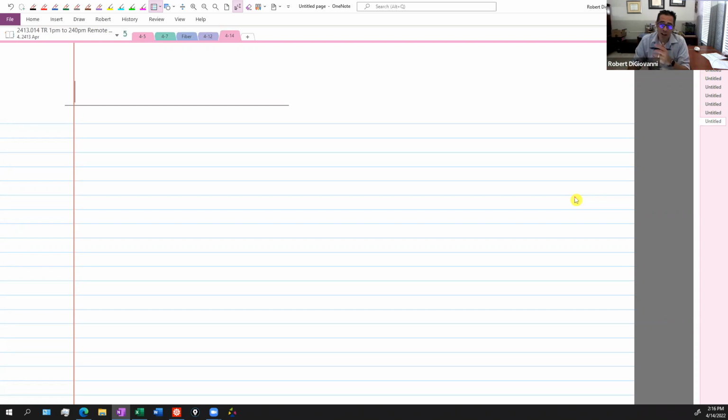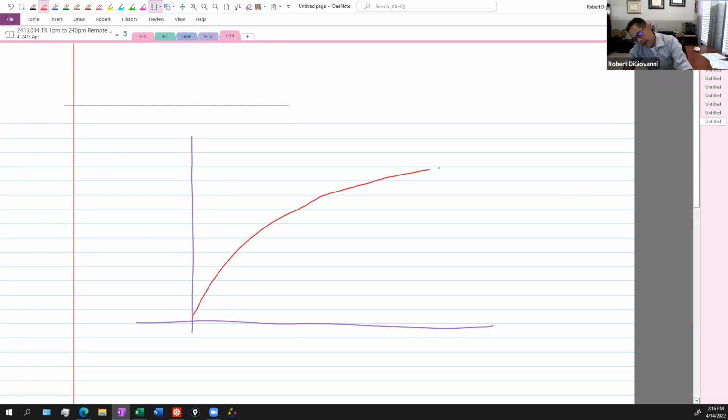Well, then I challenged him and I said, what about this though? What if you have a function that behaves this way and asymptotically approaches a horizontal line like this? Okay, so this is asymptotic. It is getting closer and closer to that dotted line, but never getting there, right?